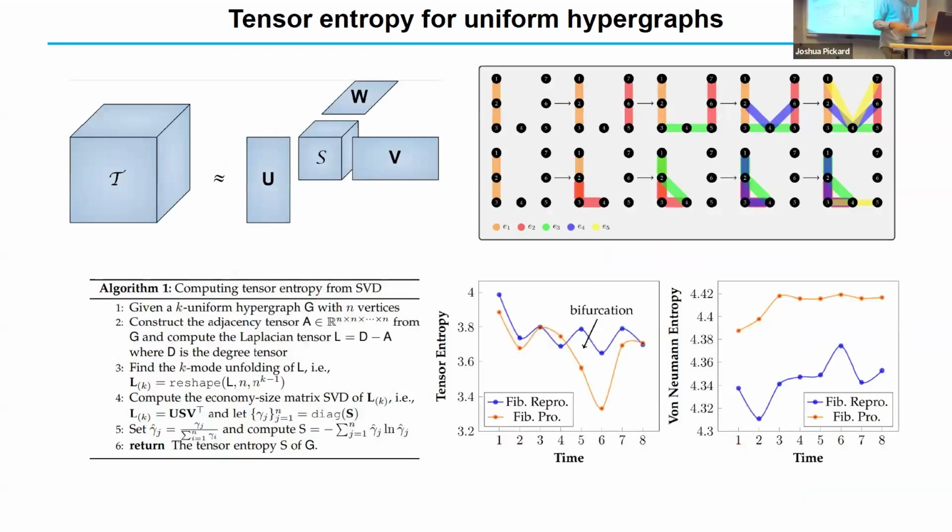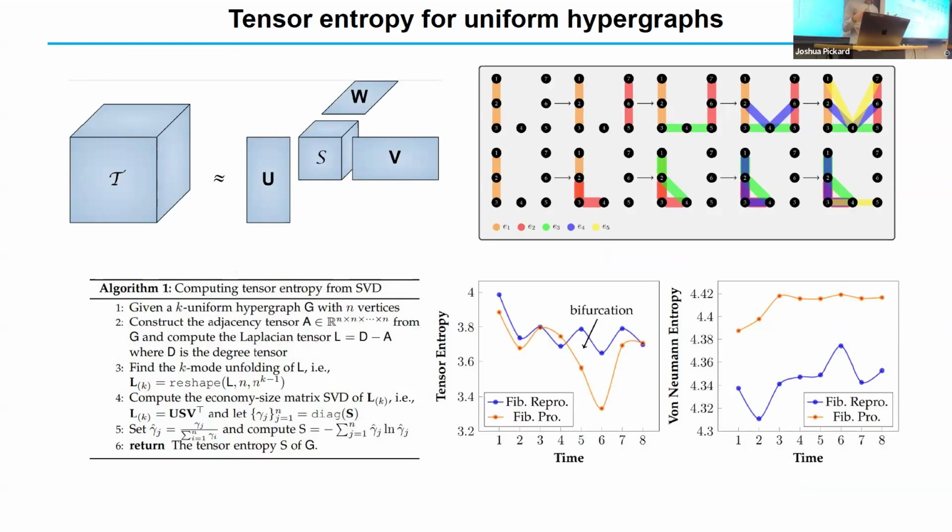Okay, another thing besides distance we're interested in is to compute entropy of different hypergraphs. And entropy is important. We've looked at hypergraph entropy of the organization of this chromatin conformation capture data from fibroblast cells throughout both the cell cycle and cell reprogramming.